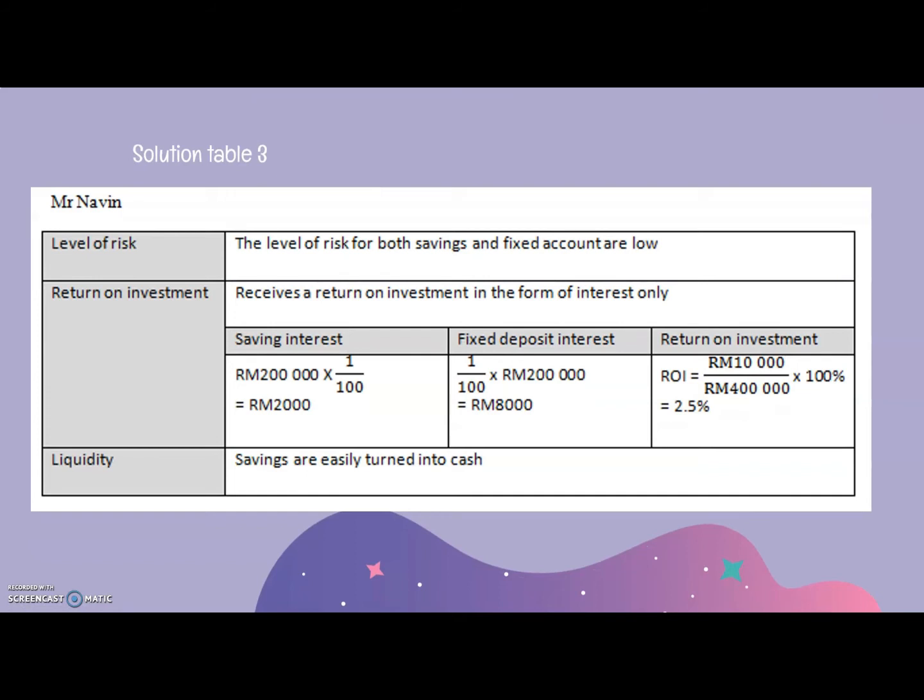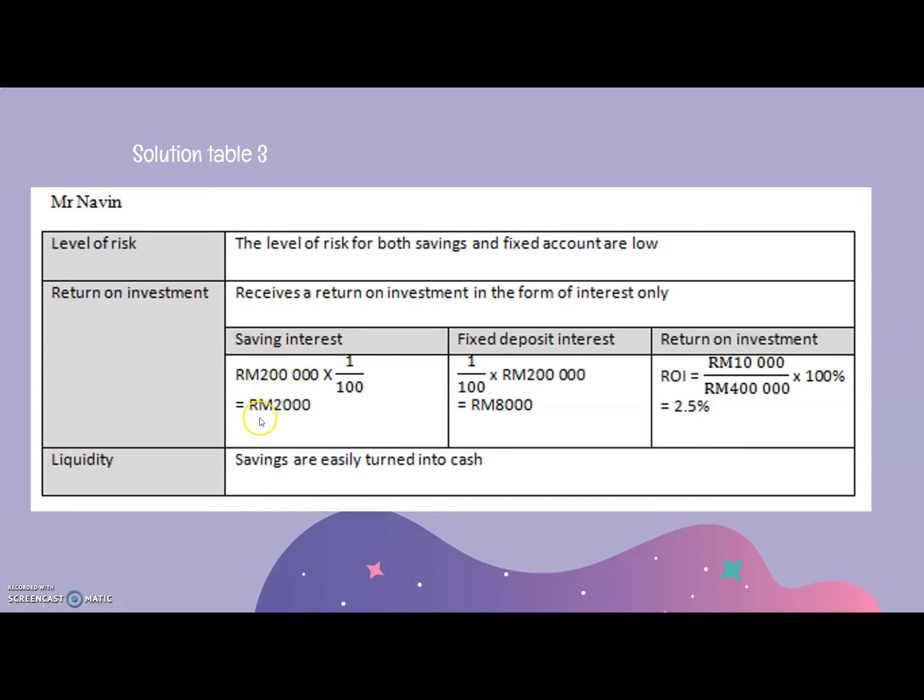And then next, for Mr. Nevin. What is the level of risk for Mr. Nevin? The level of risk for both saving and fixed accounts is very low. But what is the ROI? So let's see the ROI.